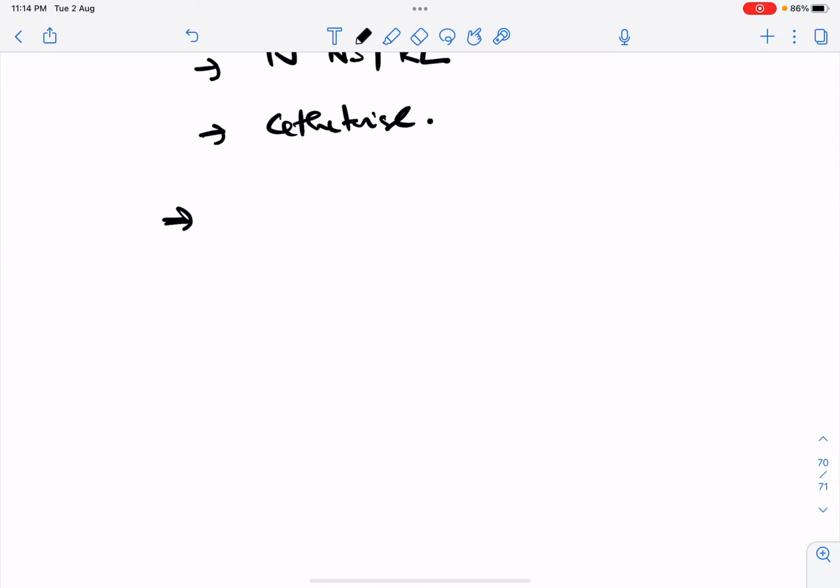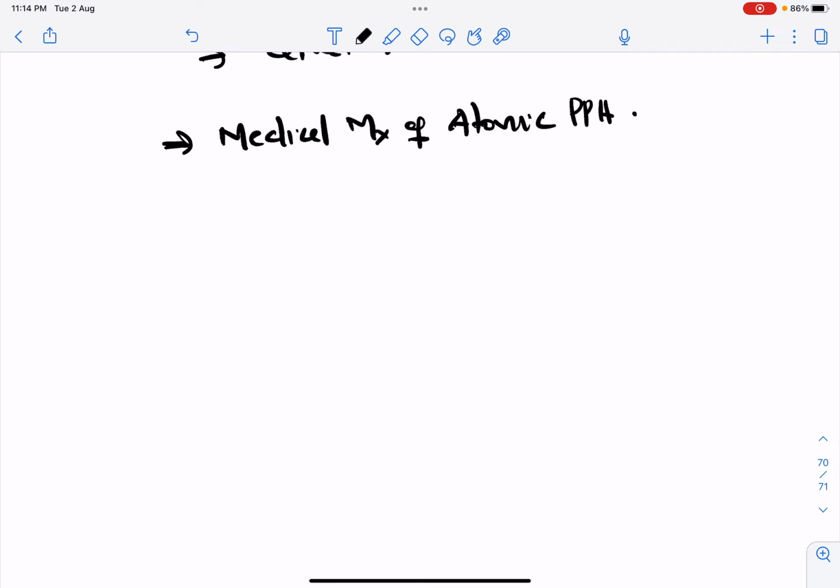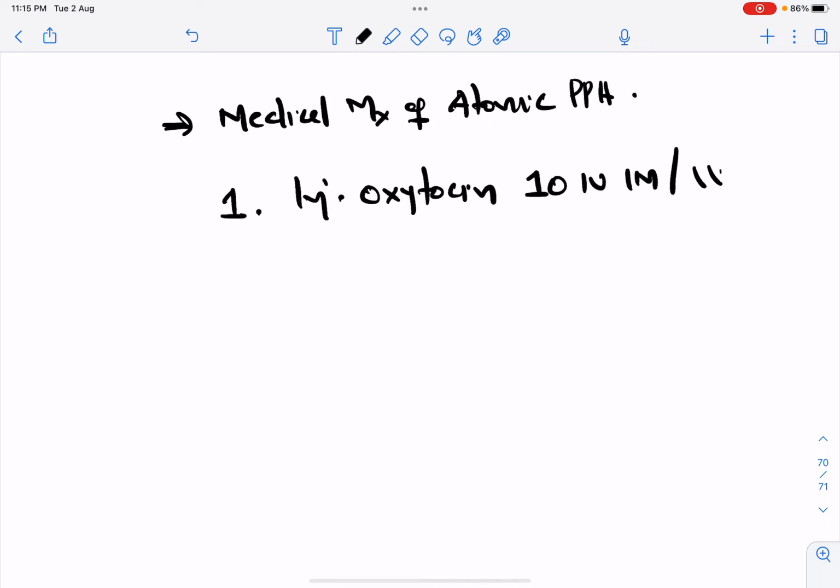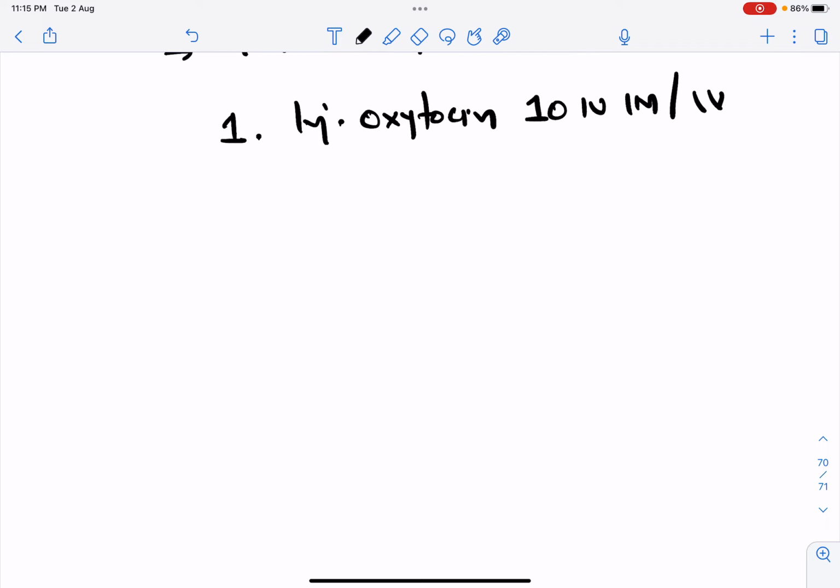Moving on to the medical management of atonic PPH. You can use either of the following drugs. Either injection oxytocin, 10 international units IM or IV, but never give an IV bolus.